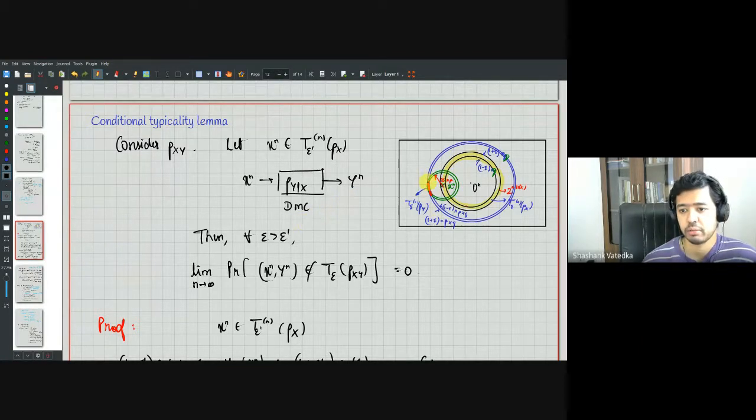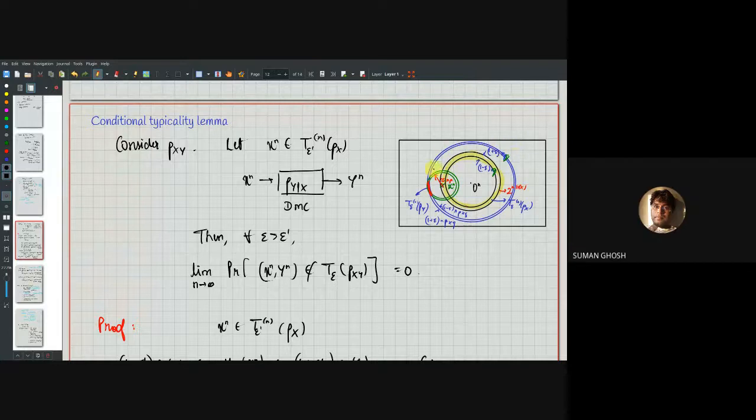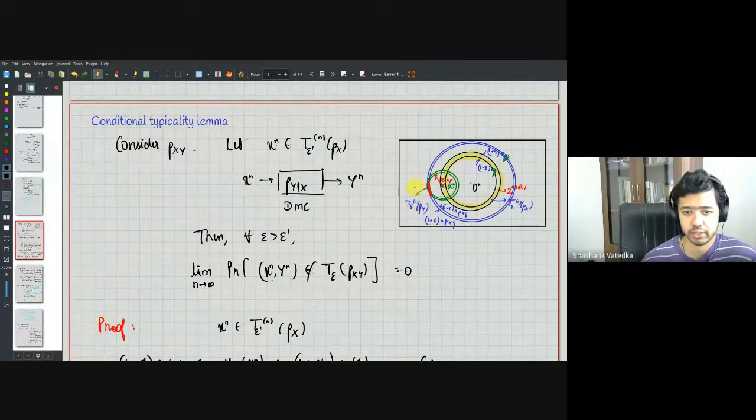But yn is now going to lie in this particular thin shell, if you draw yn independently of xn.